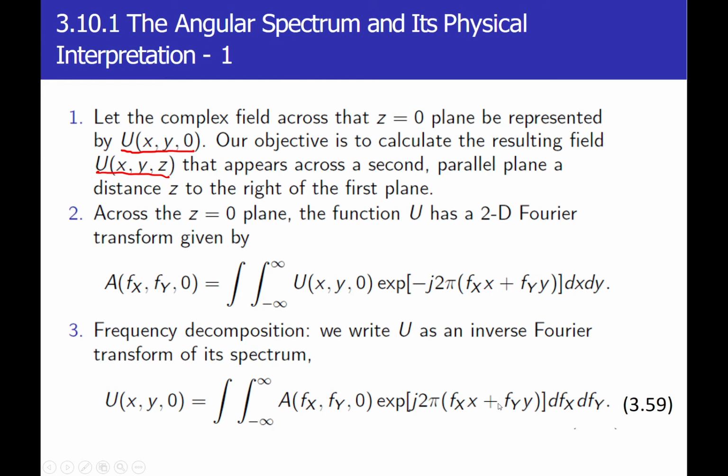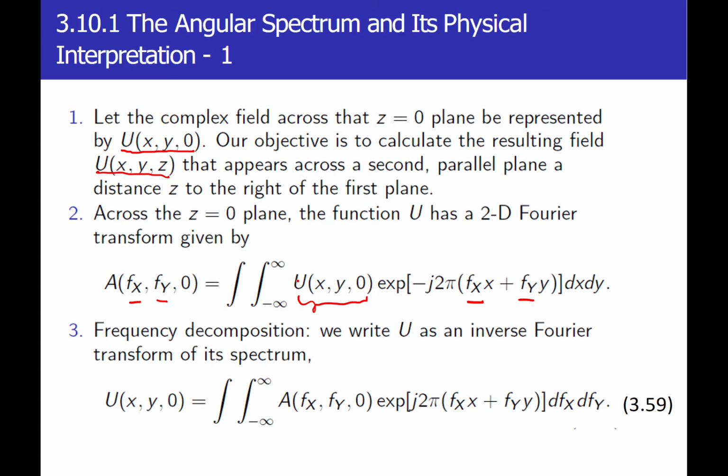So across the z equal to 0 plane, the function u has a 2D Fourier transform given by this. At the z equal to 0 plane, we have this u(x,y,0), and then it can be Fourier transformed in two-dimensional space, fx and fy, and this will give you A(fx, fy, 0).